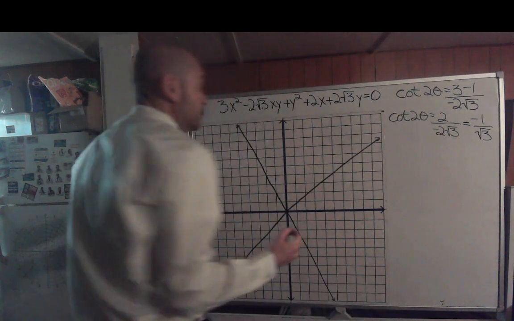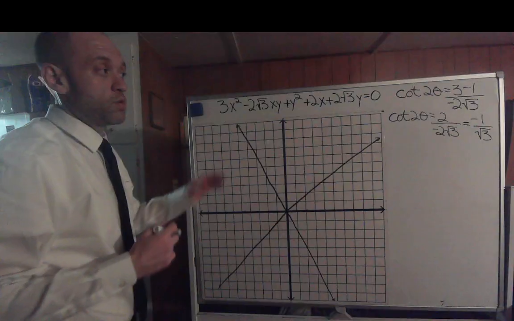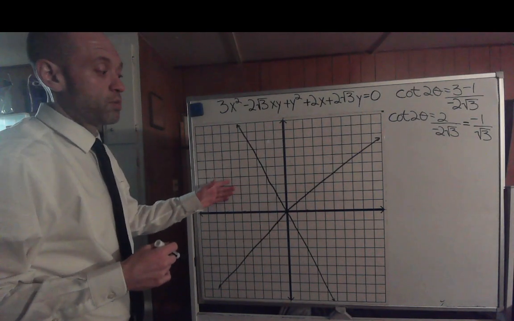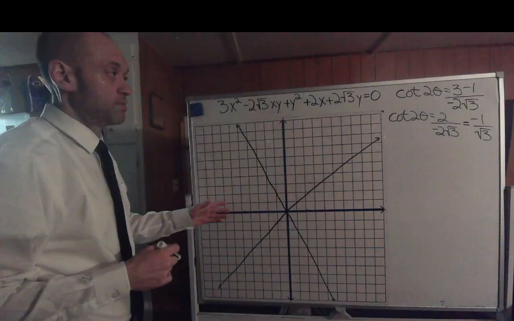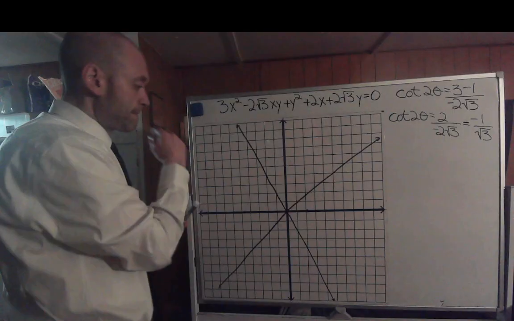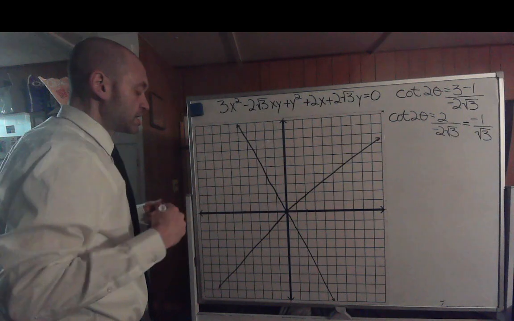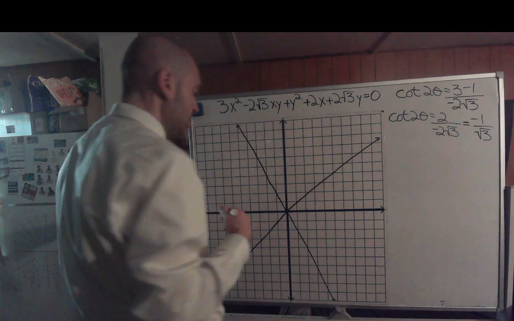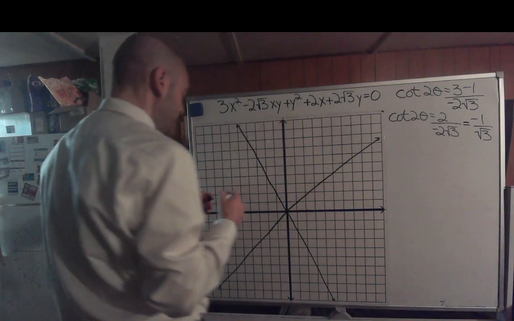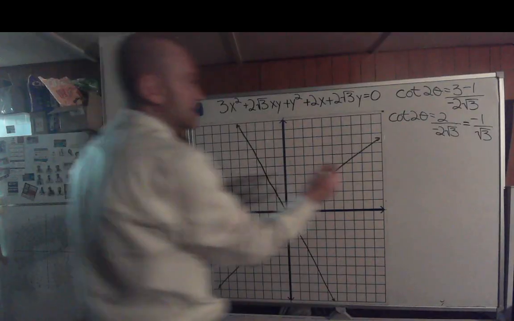So actually we're going to end up having a second quadrant angle. This will be the only one where we have a second quadrant angle. You know what, let's change that to a plus for simplicity's sake.